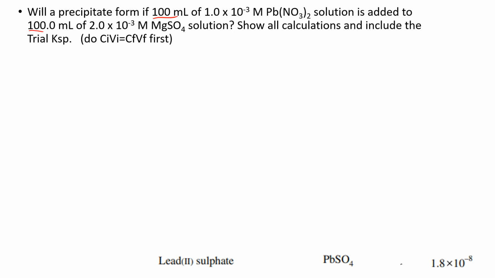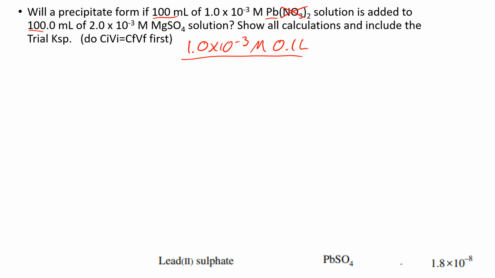Anyways, so I'm going to find my new concentration of Pb. I'm going to use my CI, my original concentration of Pb; NO3 is just a spectator. So my original concentration of Pb is 1.0 times 10 to the minus 3, times my VI, which is 0.1 liters, divided by my final volume.